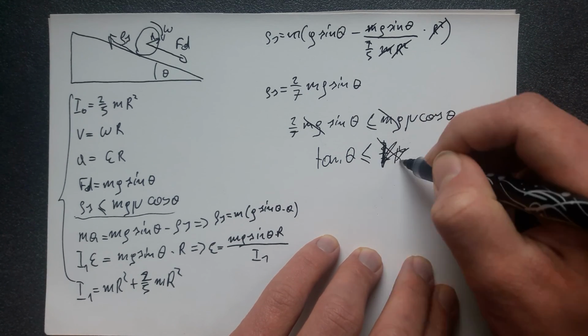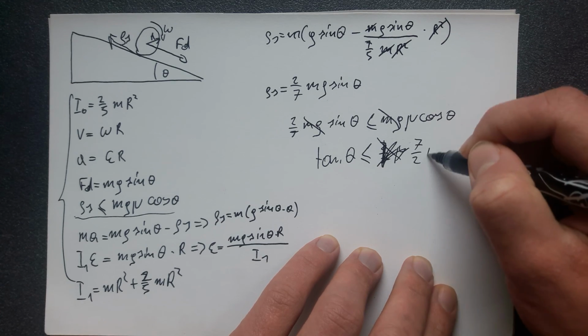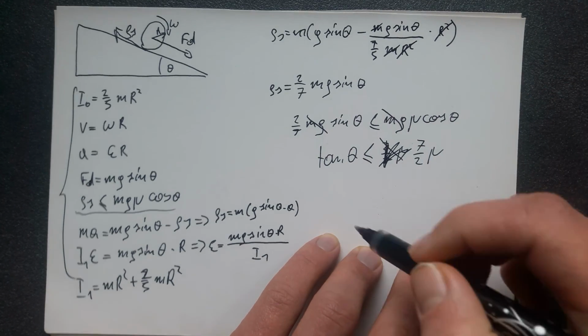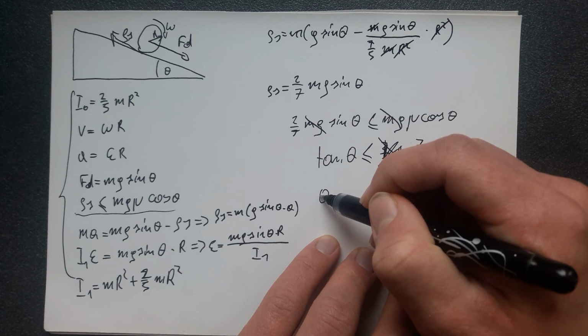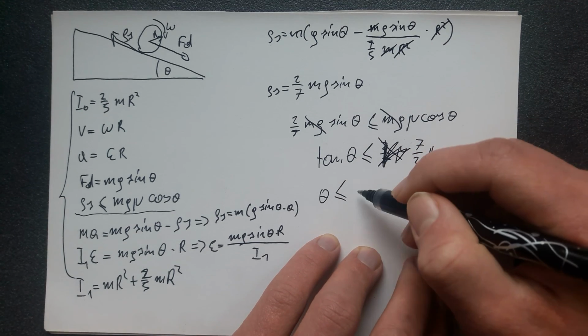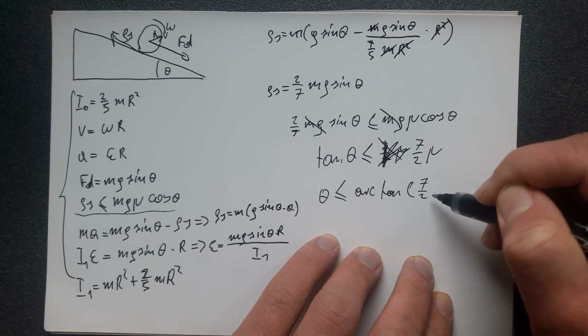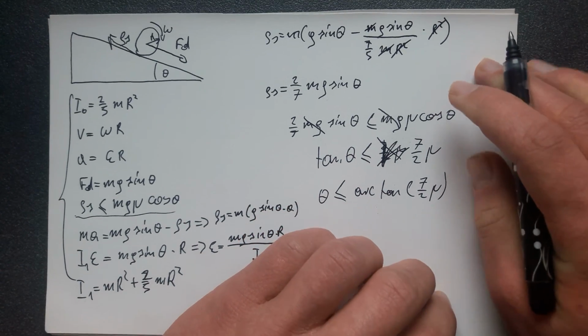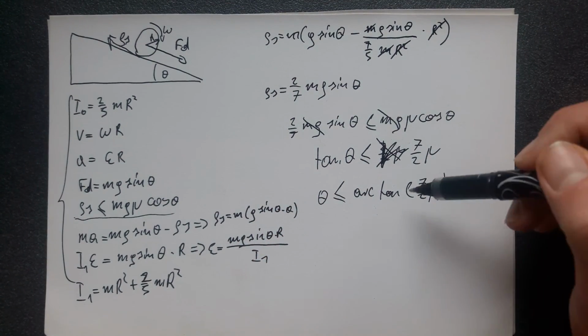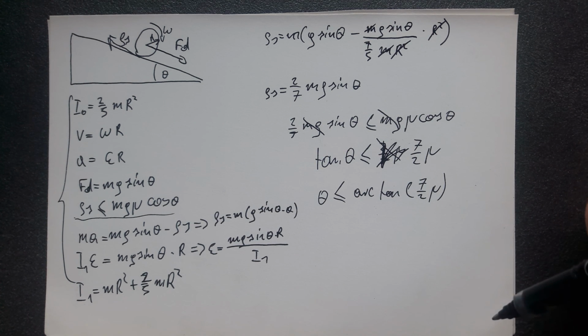Sorry, of course not, 7/2 mu. And what follows from it is that theta is smaller or equal to arc tangent of 7/2 mu. And if that condition is met, we have rolling, and if it is not met, we have slipping.